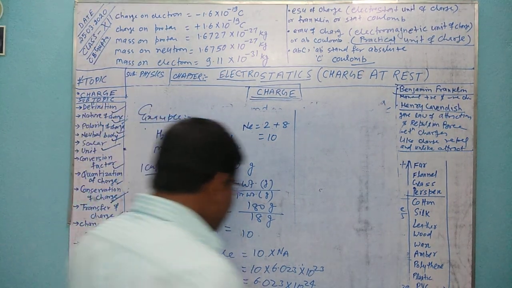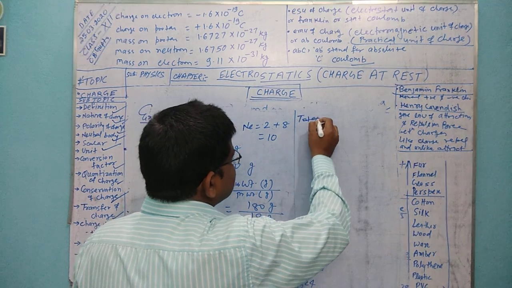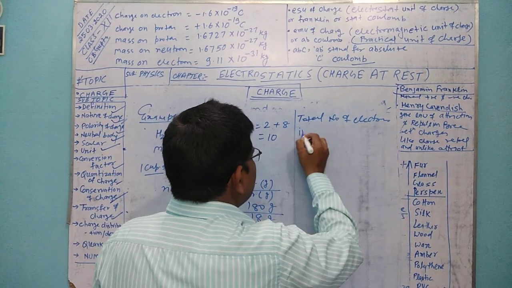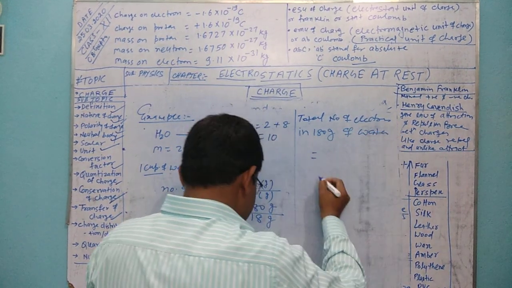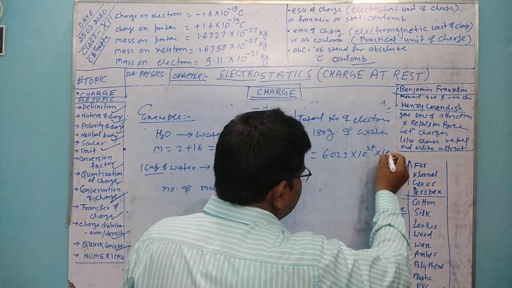And the net total number of electrons in 180 gram of water is equal to 6.023 into 10 to the power 24 into 10.